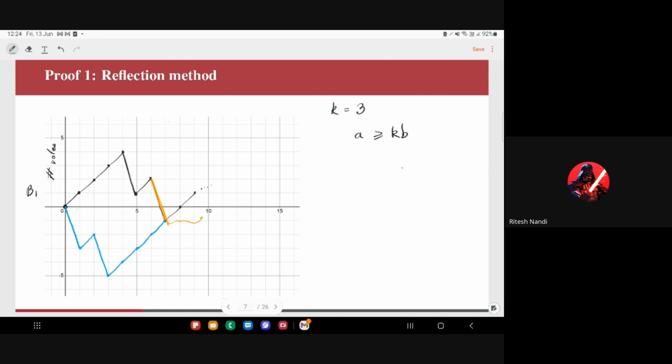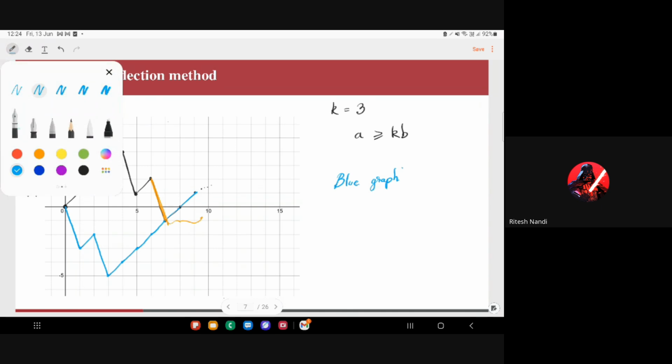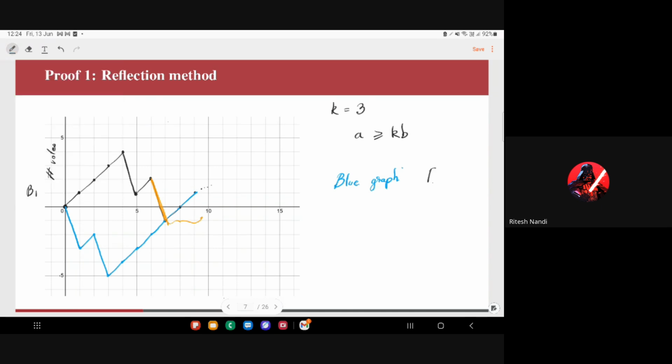So now, every such graph in B1, in this case, say it's for B_I also, we can consider this to be a valid graph as well. The other points can remain like the initial graph. So the blue graph and the black graph are in bijection by this setup that we are doing, right?